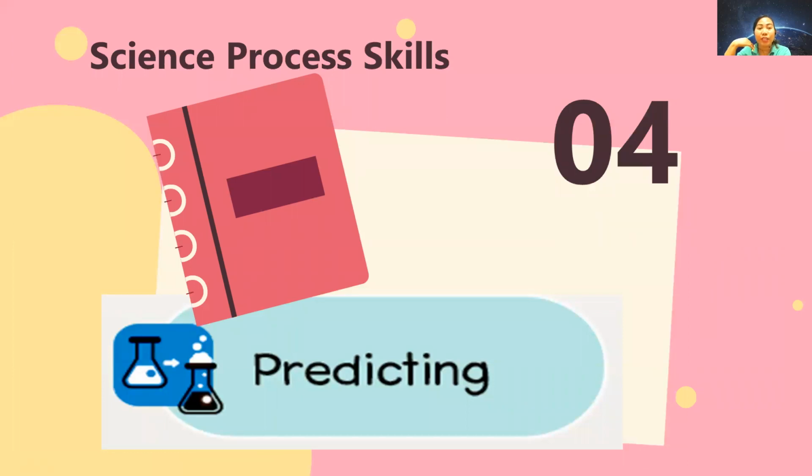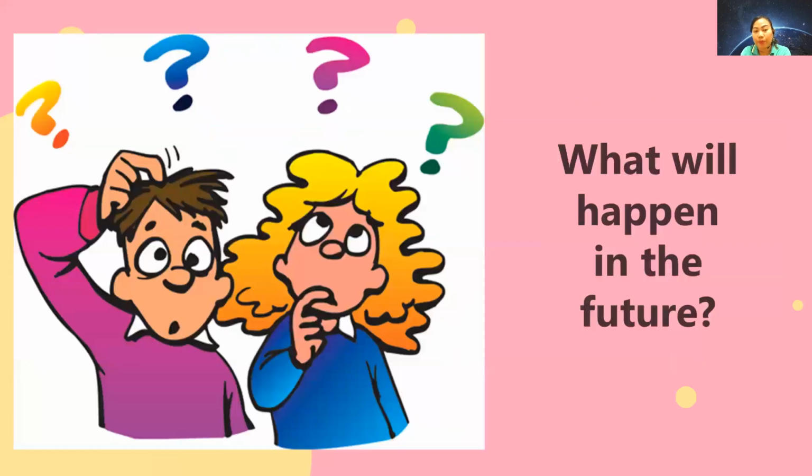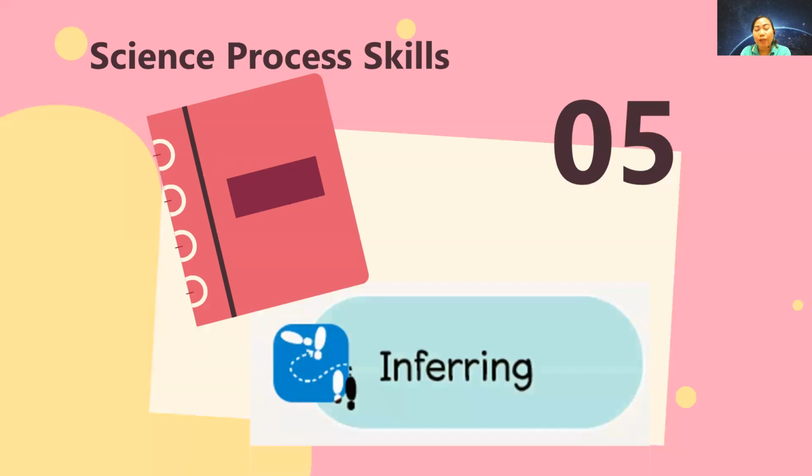Predicting is you are just guessing, okay? It can be true or it cannot be true. The outcome can be true or can't be true. But in inferring, you are making your conclusion based on the things that you observed, based on the things that you gathered.